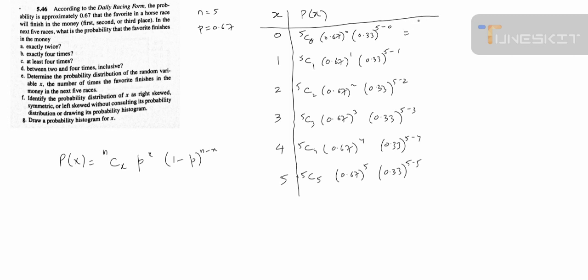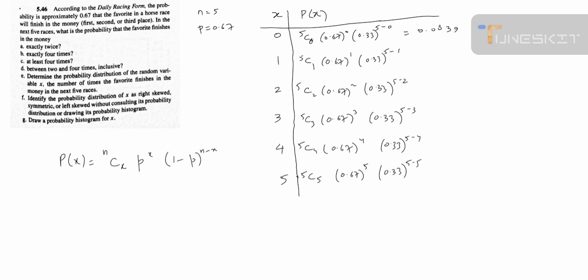So now the probabilities are: 5C0 is 1. So 0.67 to the power 0 is also 1. So this is just 0.33 raised to the power 5 we need to work out. And that's 0.0039. So we round off the probabilities up to 4 decimal places very carefully so that it gives us a sum of 1 when we add all the probabilities.